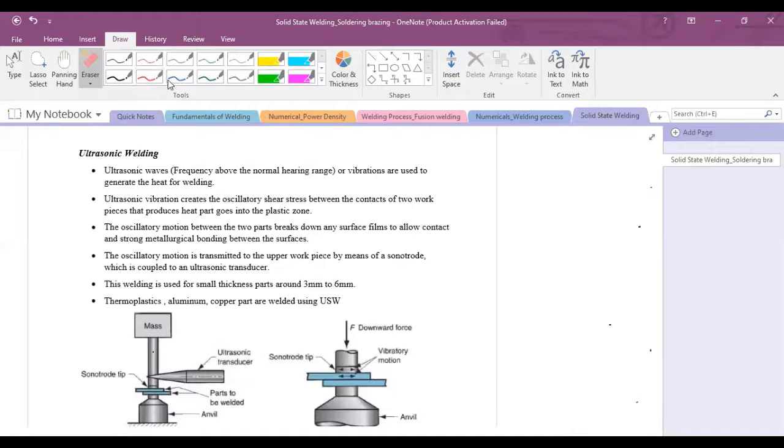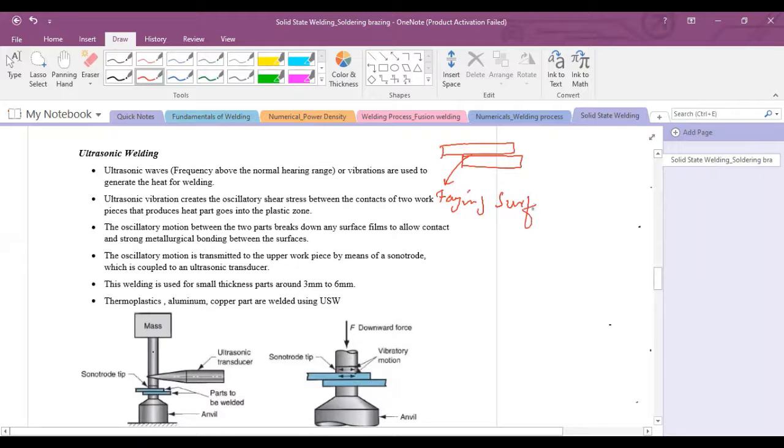I will explain to you about ultrasonic welding. It is a type of solid state welding. If you want to make a lap joint of two parts, these are the faying surfaces of the two components. These faying surfaces are subjected to a static normal force, and also oscillatory shearing stresses are acting at the interface of the two components.